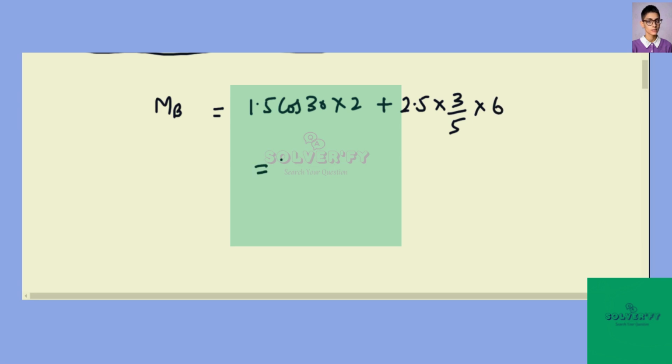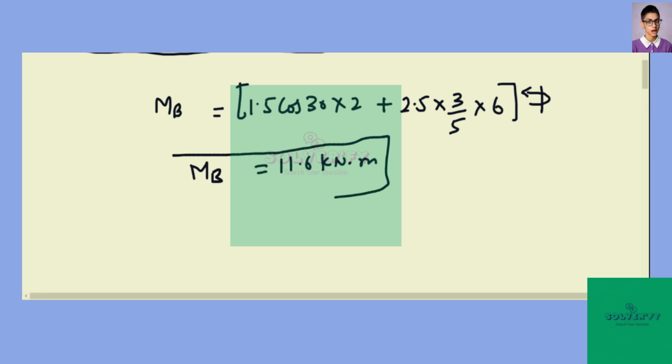So on solving it, you will get 11.6 kilonewton meter, and the direction you can find in both the cases to be anti-clockwise by using the right hand thumb rule. So the moment of forces about the B point is 11.6 kilonewton meter in the anti-clockwise or counter-clockwise direction. This is the answer for this problem.